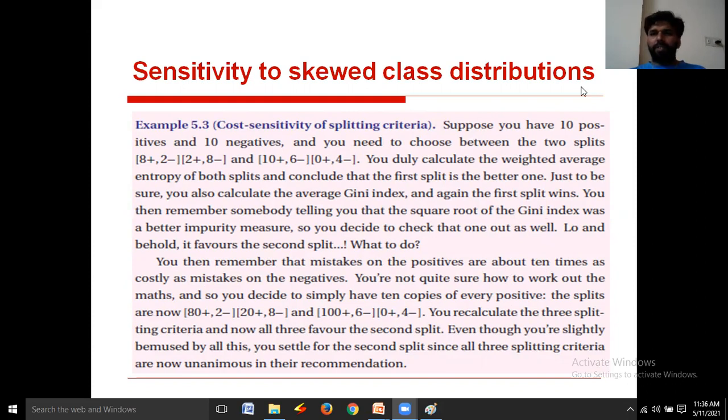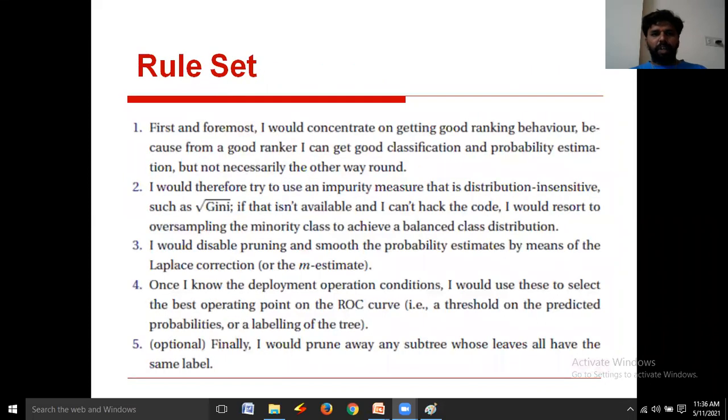In the remaining cases, you may use these 2, entropy and Gini index. But for class distribution, better go for square root Gini. It will always give consistent results. This is what we discussed, and the final one is the rule set we need to follow to construct a decision tree.